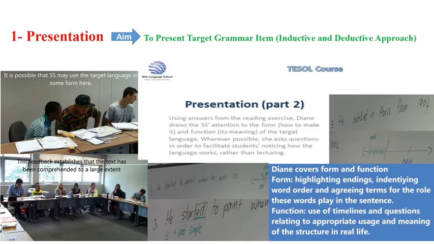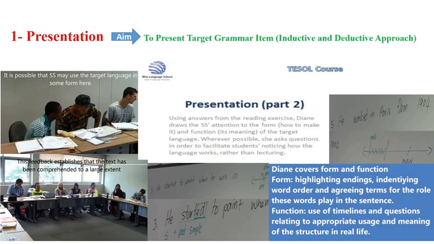Since the students are reading the text, it is possible that they can use the target language in some form. The feedback established that the text has been comprehended to a large extent. Diane covers form and function.